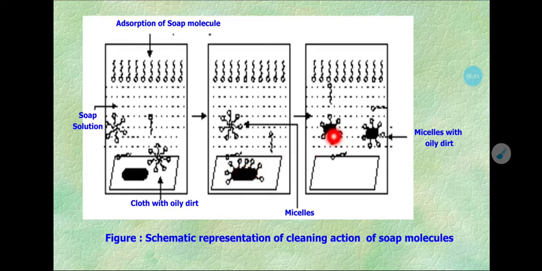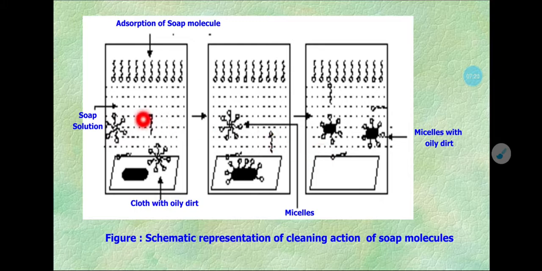So that is shown in the picture. That means this oily dirt will be trapped inside the micelles, different micelles, and this cloth will be cleaned. So in this way we can clean the dirty cloth with this molecule, and these micelles along with the dirty oil rinse away through the water, and we get the clean cloth.